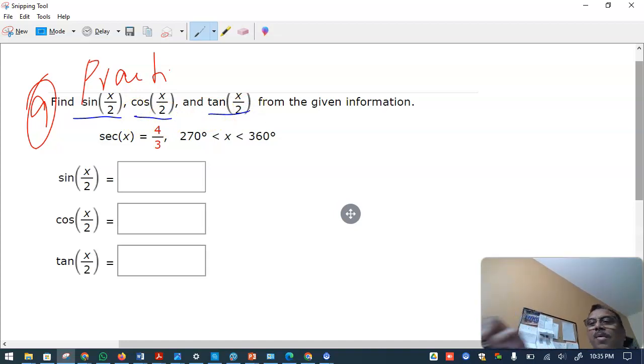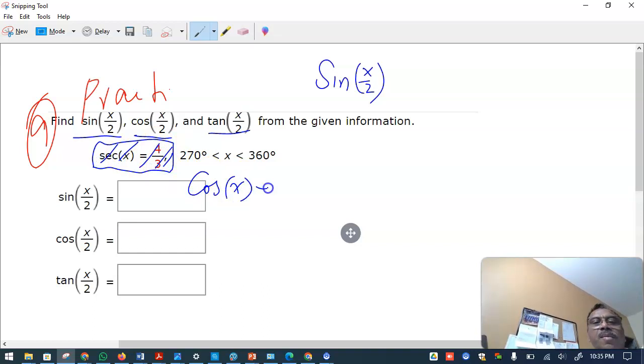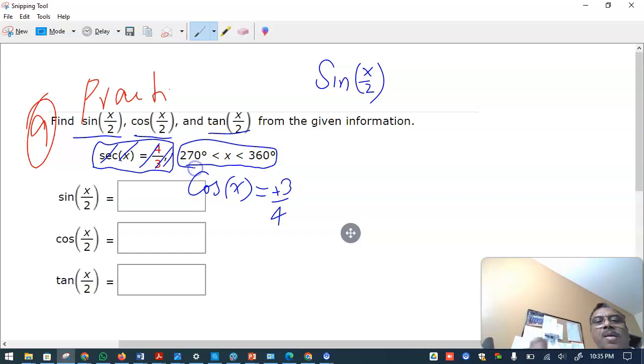So we have to use the half angle formula because they gave you this. So this can be changed to cosine. Cosine is the reciprocal of that, so it becomes plus 3 over 4. And the angle x is given here as 270.